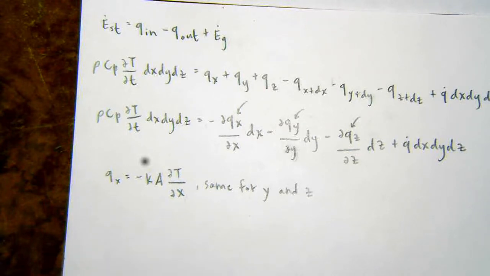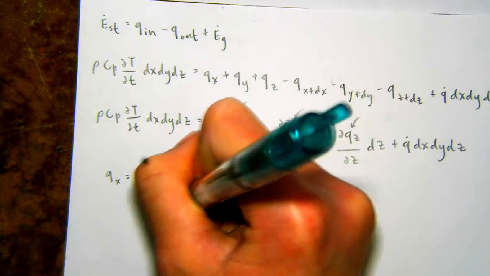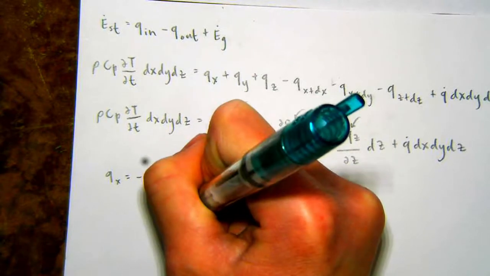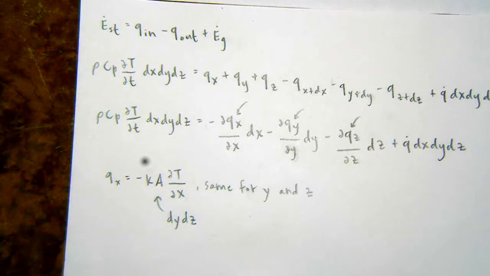And then here, instead of having the area, we're going to express it as the differential face of the element. So for the x direction, conduction is moving perpendicular to the dy dz face. So it's moving in the x direction, and so the area that it's moving through is that differential element dy dz.